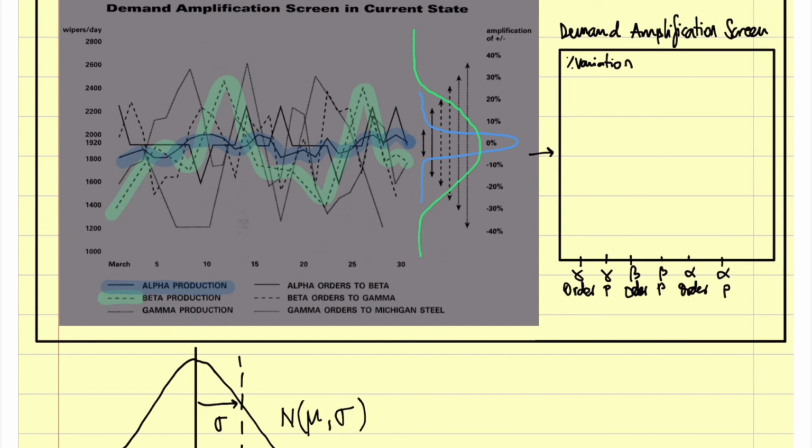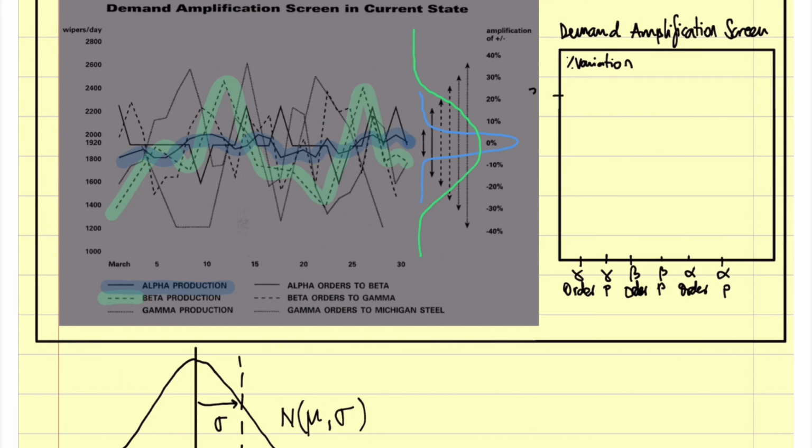Which process is more accurate, the green or the blue? Hey guys, please get active, okay? Which process is better? The blue one is better, but why? Less variability in the process. Very good.